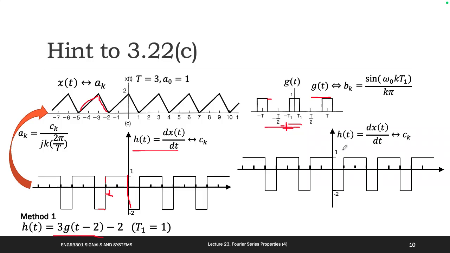For the other method, you can just shift this one. This is HT, am I right? And then you shift it, and it becomes this one, am I right? Which means you can use this equation. This is just G, moving 1.5 units, just like the method I talked about just now.